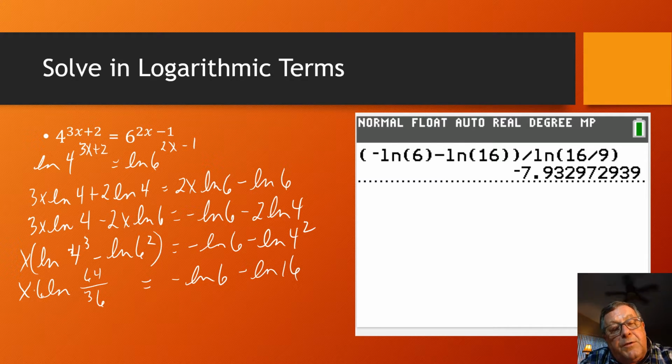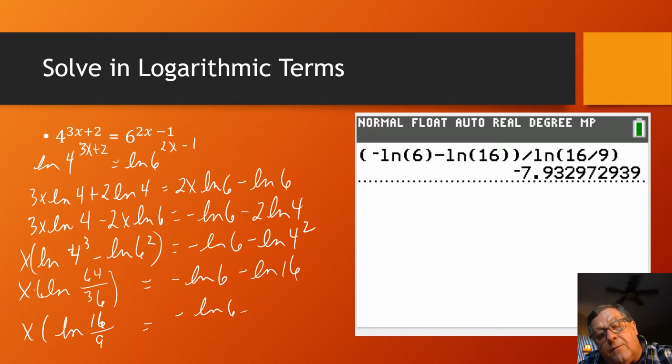All right, well, I can actually reduce that 64 and 36. They're both divisible by 4. So then I've got x times ln 16 over 9 equals negative ln 6 minus ln 16.